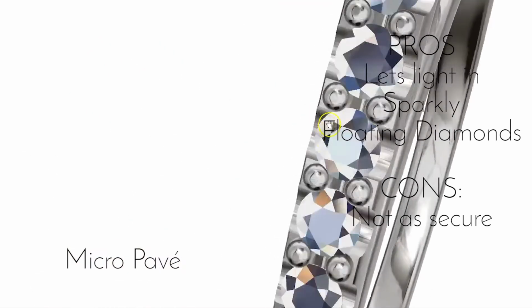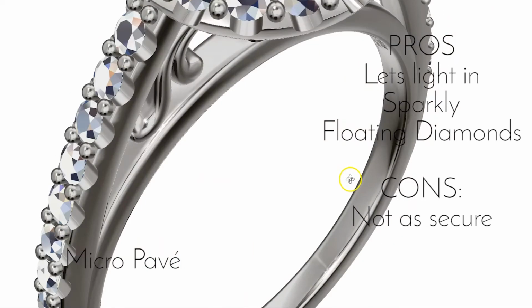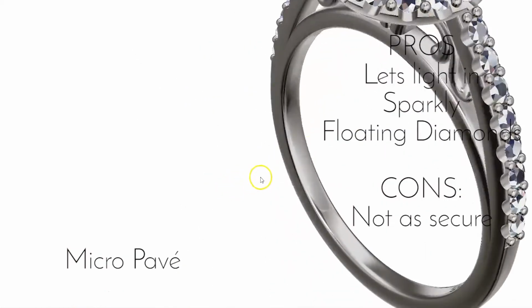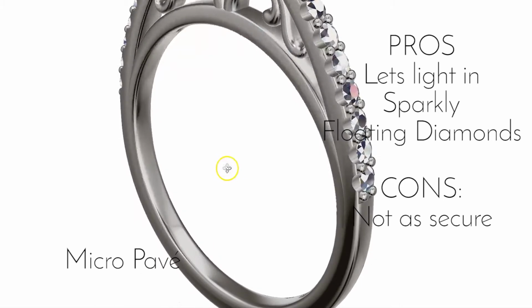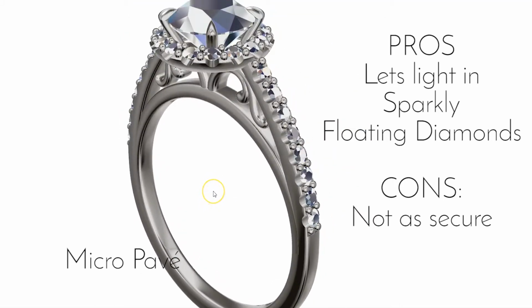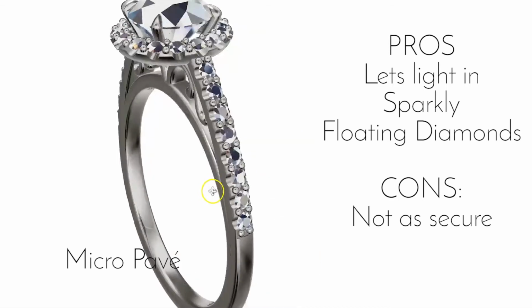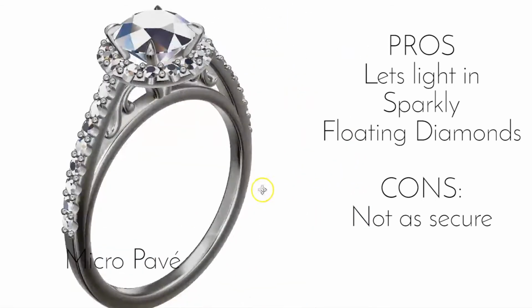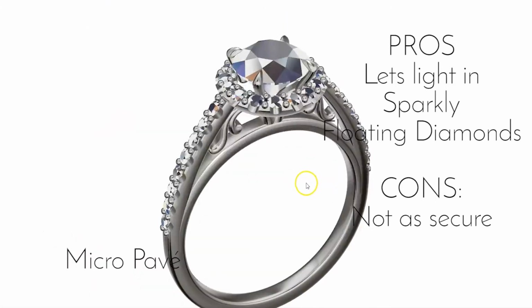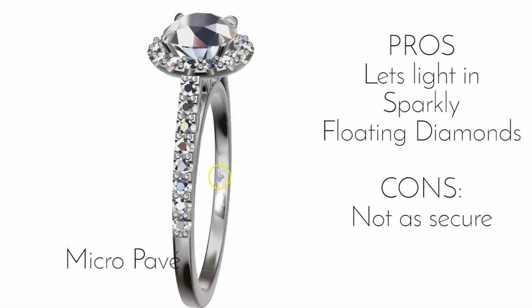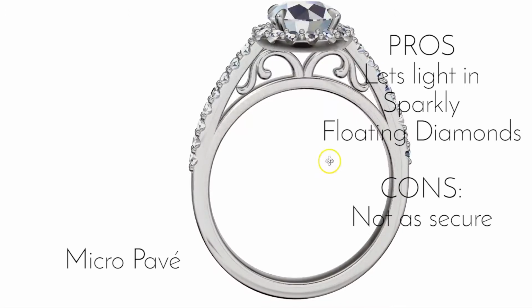But the con compared to that of a bezel set or a channel set is that the security of these stones is not as, well, basically it's not as secure, in other words, right? So if you have a heavy hand, if you move your hands a lot, if you work with your hands, such as in construction, or if you're a nurse or something like that, then a bezel set or a channel set may be more beneficial in terms of security.